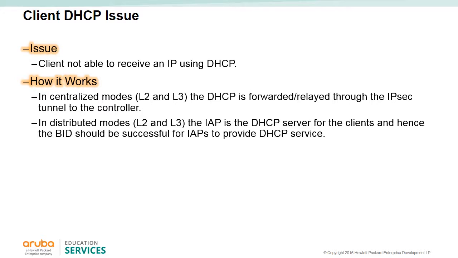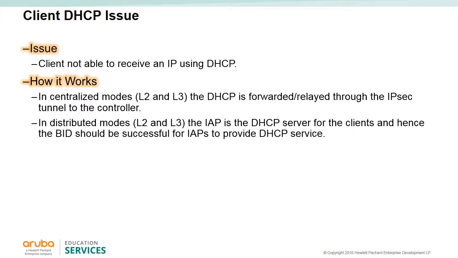If you're using centralized modes such as Centralized L2 or Centralized L3, then the DHCP is centralized in the data center and the IAP forwards the DHCP packets through the IPsec tunnel to the controller. If you're in distributed mode such as Distributed L2 or Distributed L3, then the IAP acts as the DHCP server for the client.